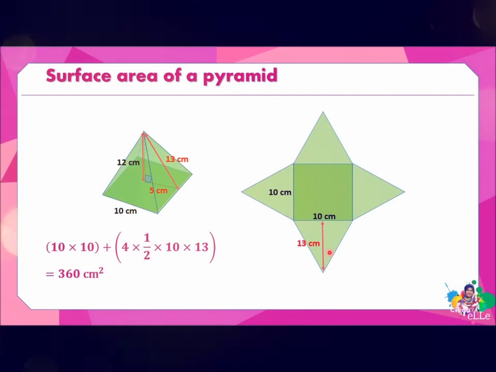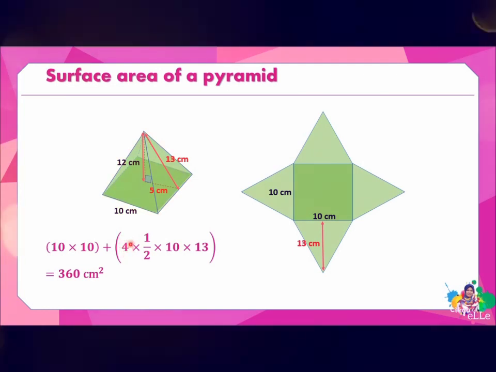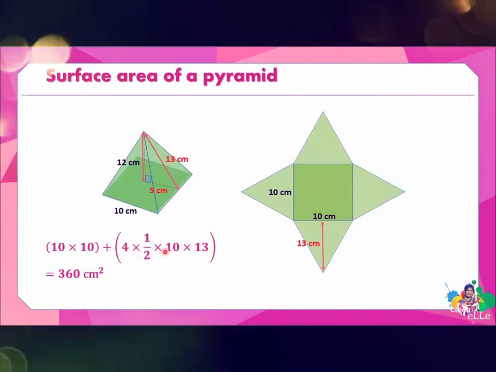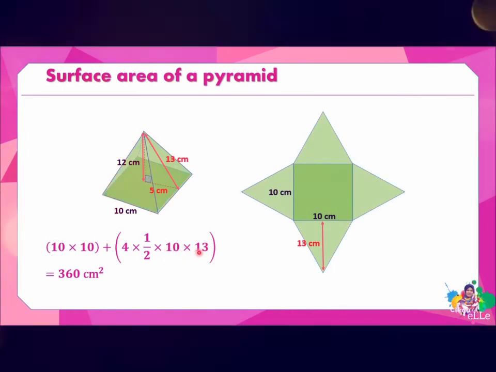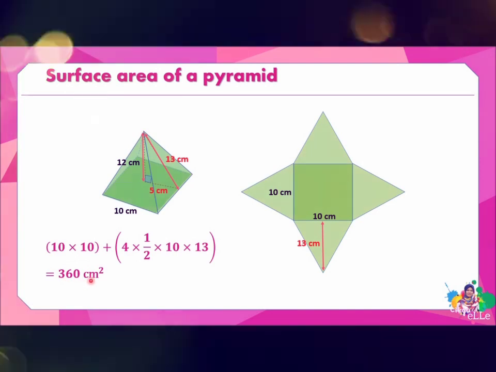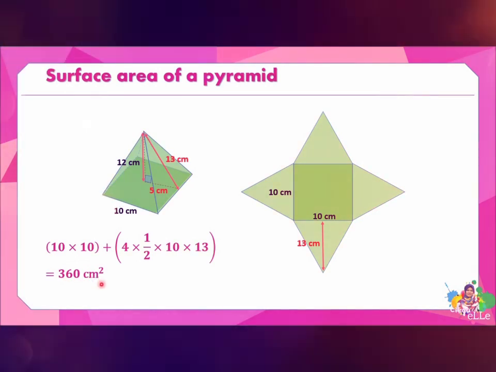That's why this one is 4 triangles times 1/2 times 10 times 13. Then we will get the surface area of the pyramid is 360 cm square.